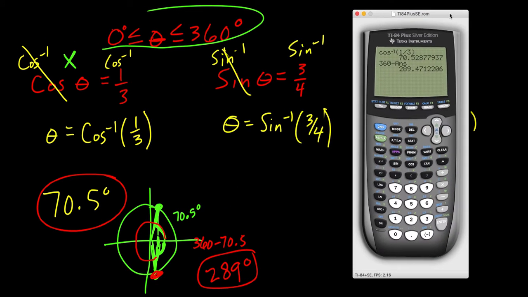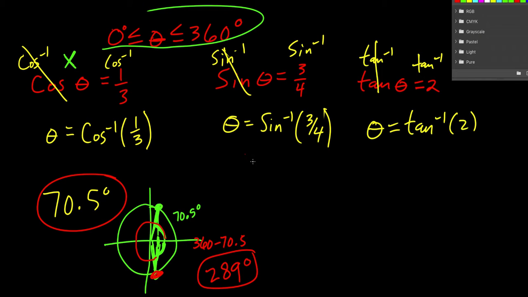So we're going to do the inverse sine of 3/4. And we get 48.6 degrees. Once again, that probably only tells us part of the story.